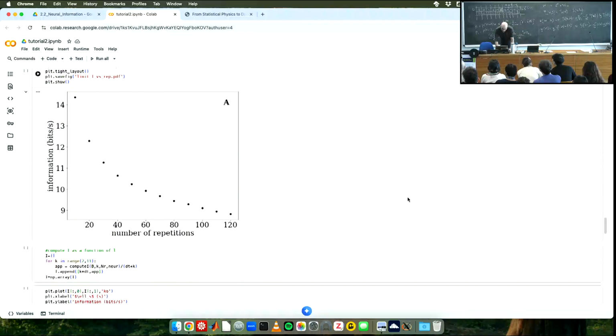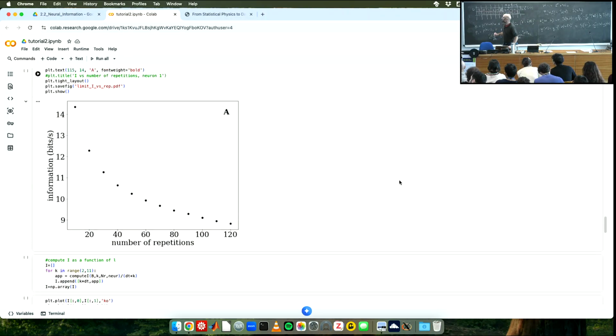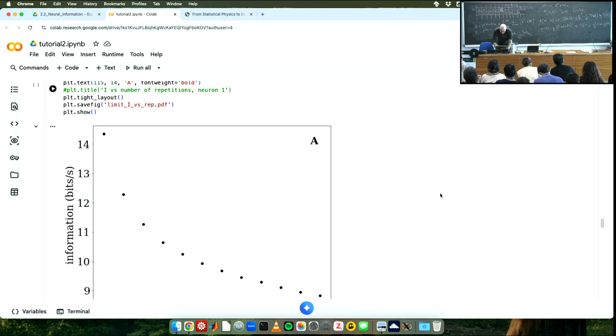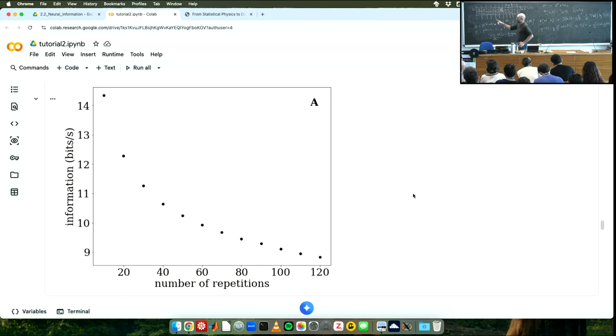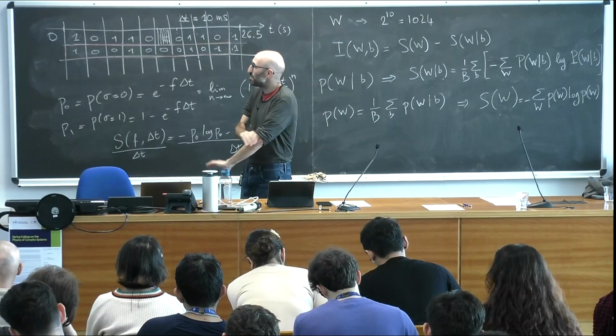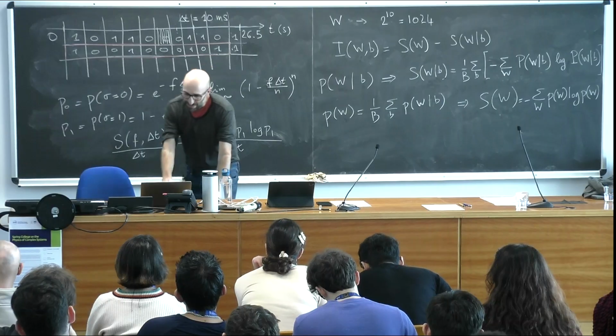You can also do an analysis. I mean, if you want to know how reliable these results are, you can study how the estimate of the information depends on the number of repetitions of the experiment that you use. So you can say, okay, I have 120, let's discard some of them and use only a fraction.